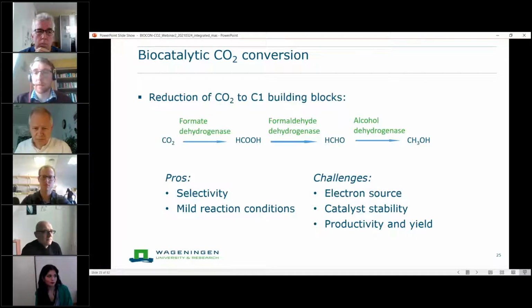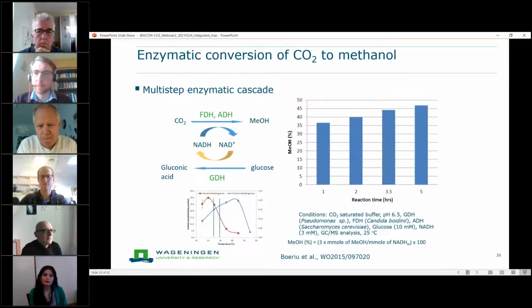Another challenge can be the stability of enzymes under industrial conditions, and also increasing the productivity and the yield of the reactions to the amount that is required for an industrial application. Now I want to introduce you to some of the electron donating systems that can be used for this type of chemistry. So if we can go to the next slide.